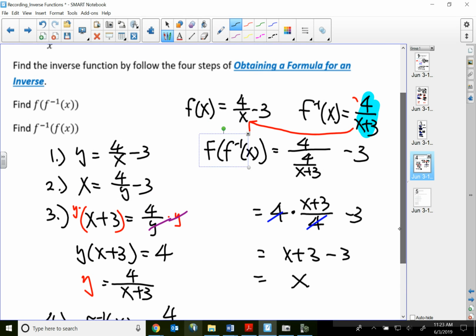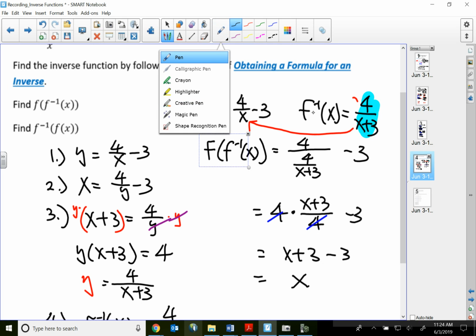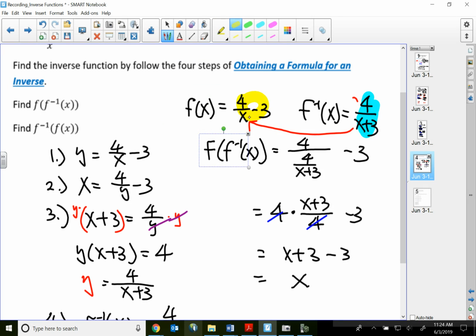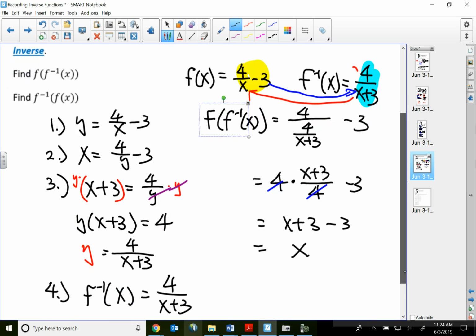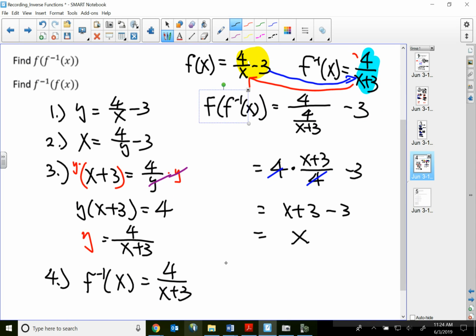All right, vice versa. Now take the function f and substitute into f inverse. So let's go backwards. Wherever I see an x. So f inverse of f of x is going to be 4 over x minus 3, right? 4 over x minus 3 plus 3.